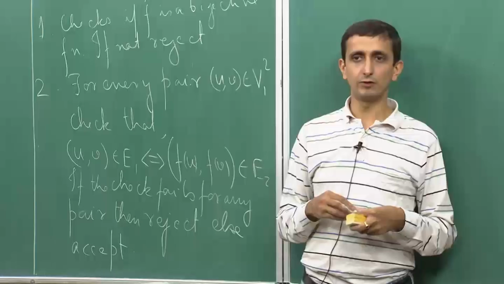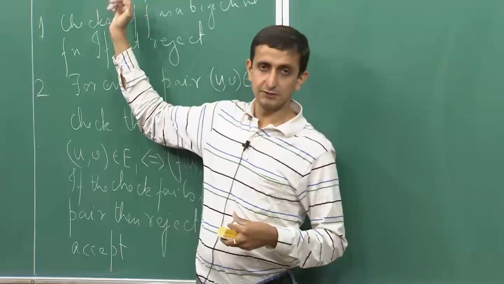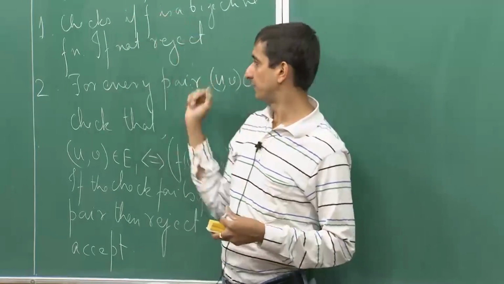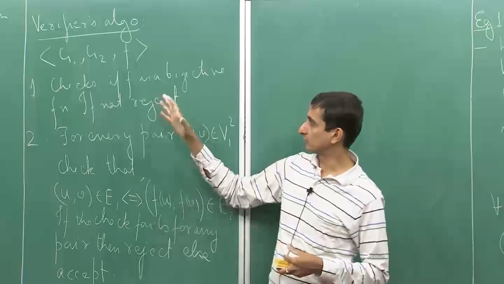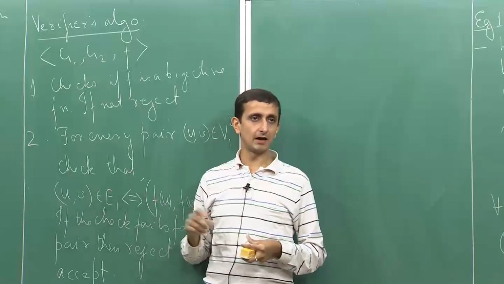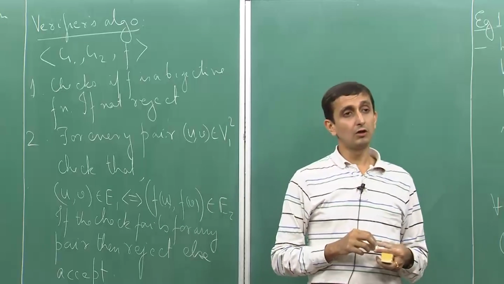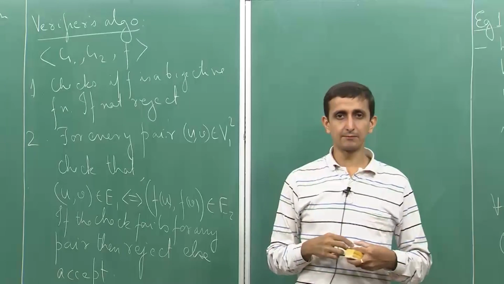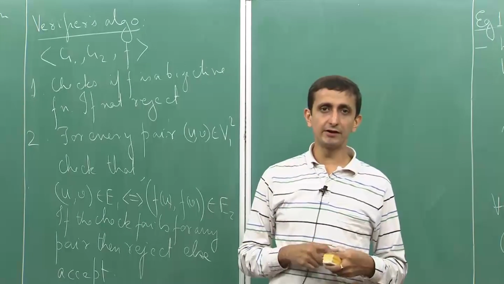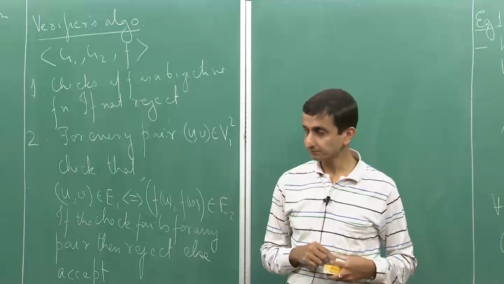So, therefore, we are able to exhibit a proof that graph isomorphism is in NP. Okay. In other words, although we do not know whether there is a deterministic polynomial time algorithm, but at least there is a non-deterministic polynomial time algorithm for graph isomorphism.